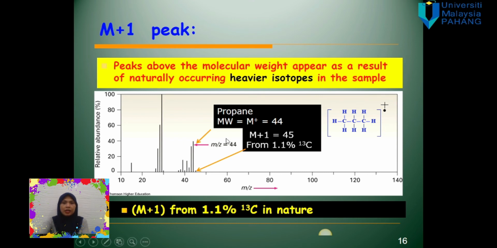As we know, 99% of the carbon in organic compounds is C-12 and only 1% is C-13. So this peak in the mass spectrum shows us the presence of the isotope C-13.